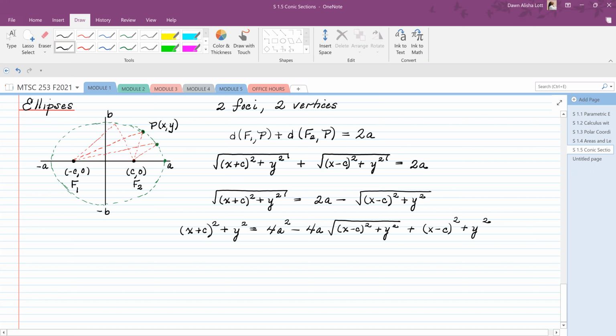When you do all that algebra, you end up with x squared over a squared plus y squared over (a squared minus c squared) is equal to 1.